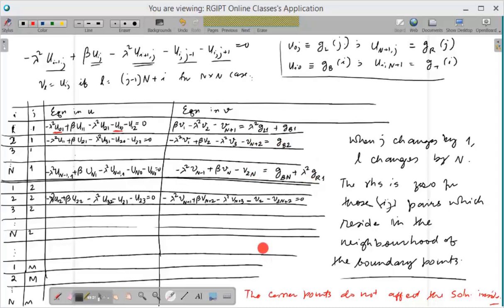Okay, is there a pattern in this? So the answer is yes, you can check that. I'm going to give the pattern of the equation that looks like the following. Okay?